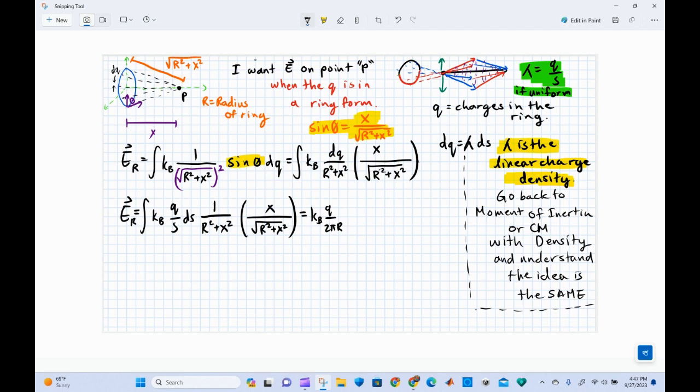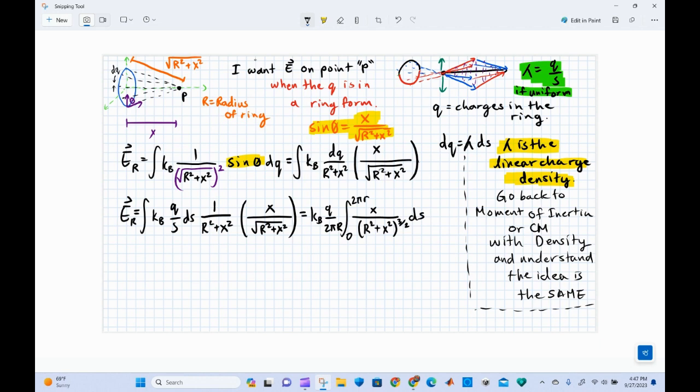Go back to that, and you should understand what I am doing. 0 to 2 pi r, and then we just need x times the parentheses r squared plus x squared to the 3 over 2, ds.